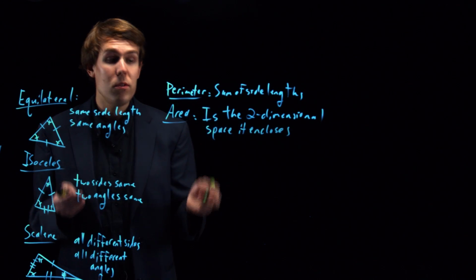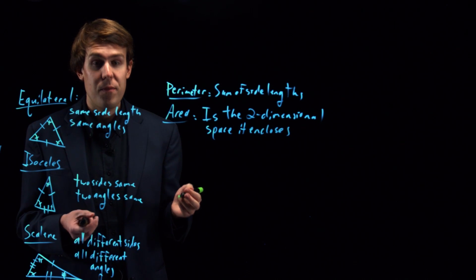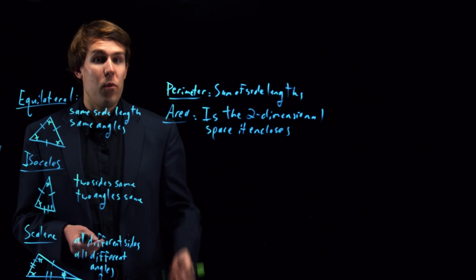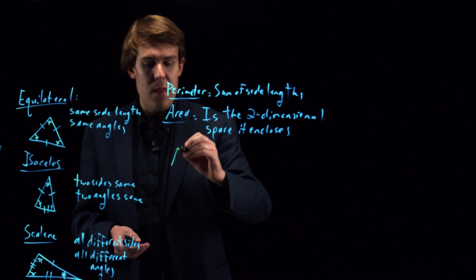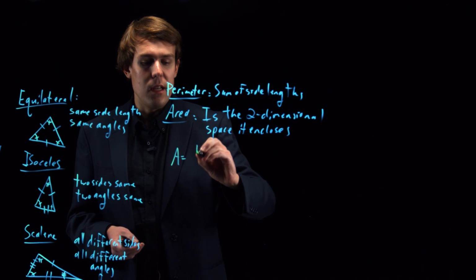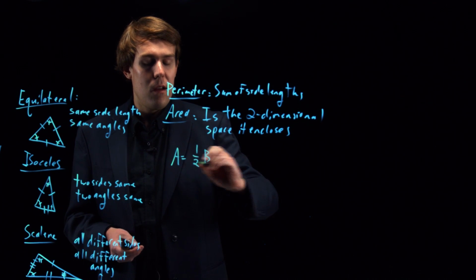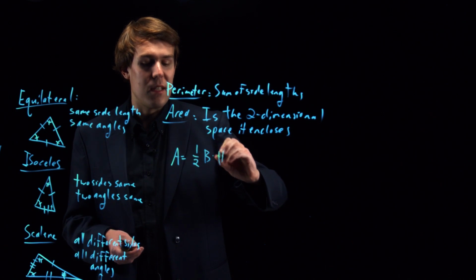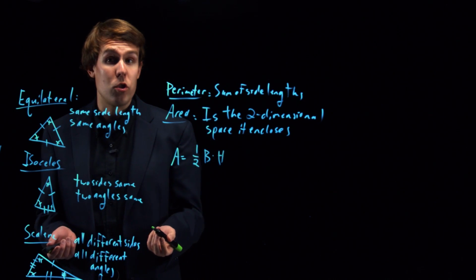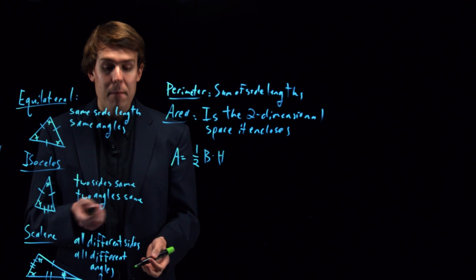Perimeter is simple to compute. Just add up the three side lengths. Area is a little bit trickier. We have to use a formula. The area of a triangle is equal to 1/2 its base length times its height. So similar to a square, we'll see, except I have to divide by 2.